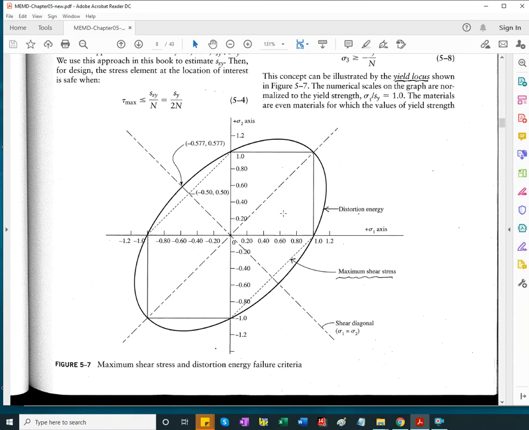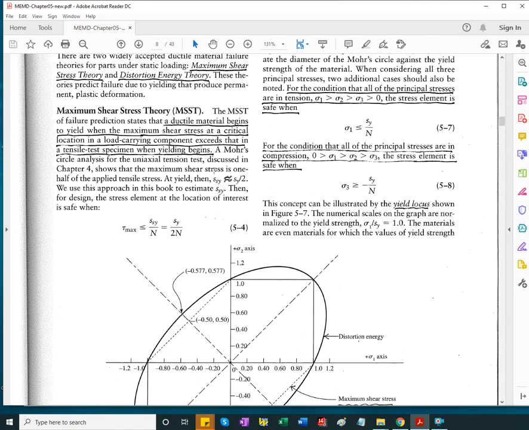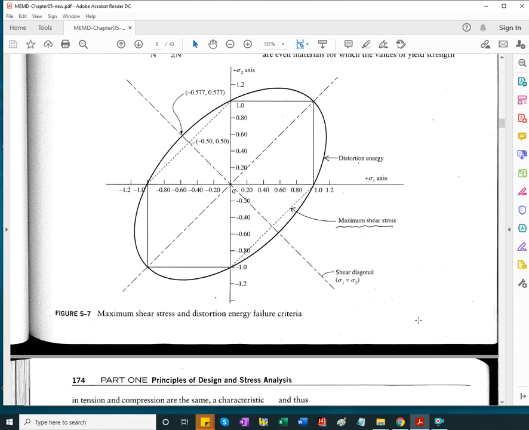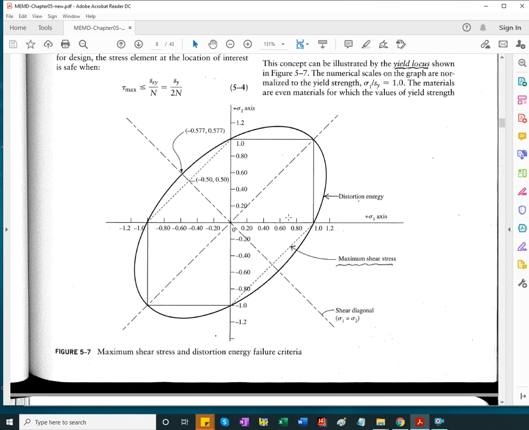So again, for a state of loading with sigma 1 and sigma 2 non-zero, we can have what is called a load point in this two-dimensional plane. And for a given material with a given yield strength in shear, which is approximated in many instances as half of the yield strength in tension, the yield strength in tension being the easiest to measure experimentally, failure occurs if we are outside a boundary.